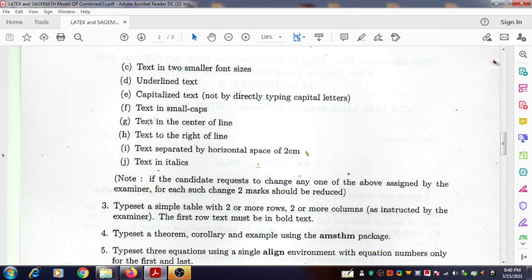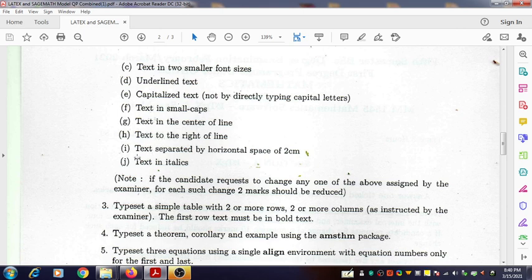Text right aligned, which touches the right margin, and also you can expect a question asking to typeset a sentence which is left aligned.